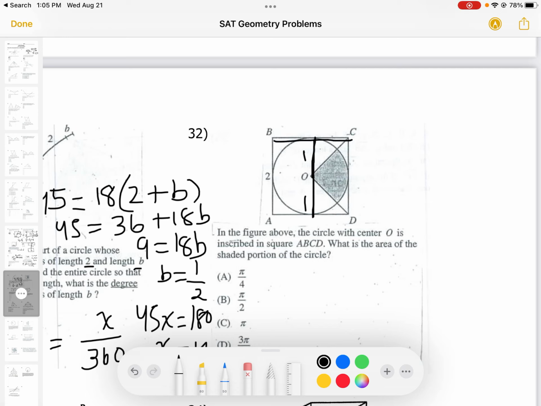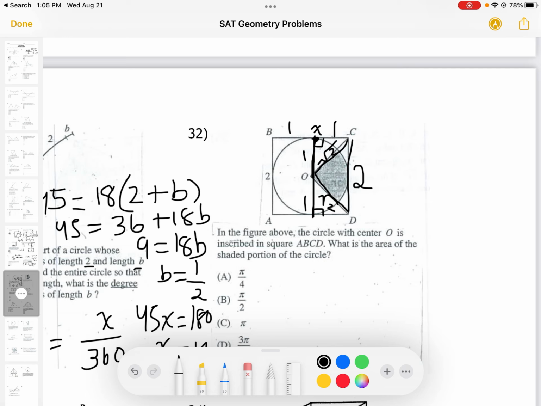And the diameter of the circle bisects side length BC. So BC, I want to call this intersection point X. BX is 1, and CX is also 1. And this is a right angle as well. So that means side length OC is root 2, and so is this side length OD. And we know CD is 2.